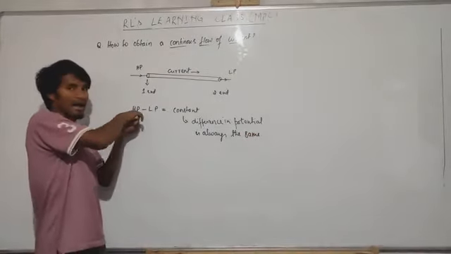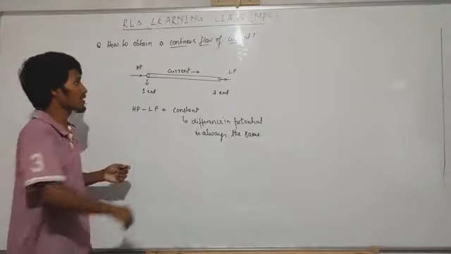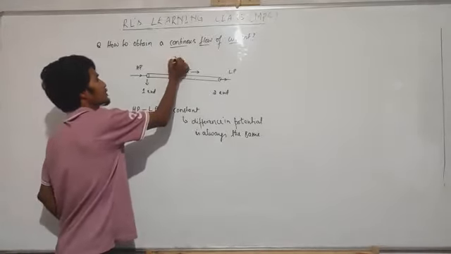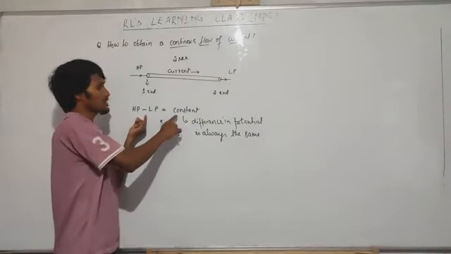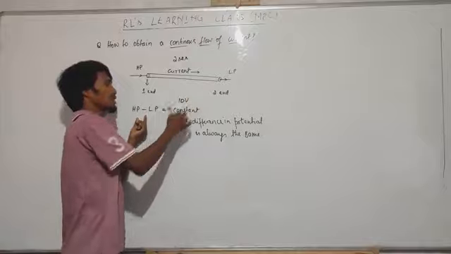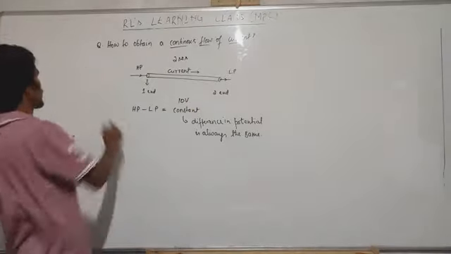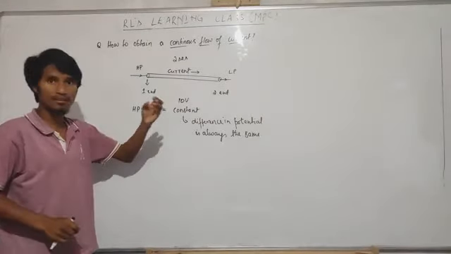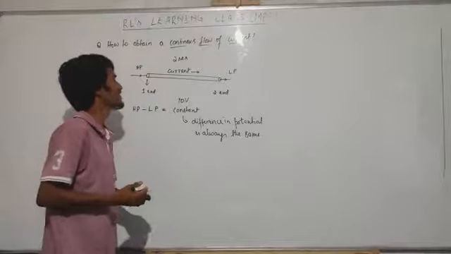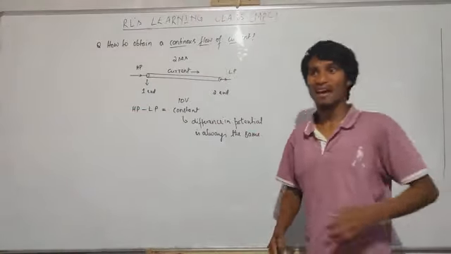Look, the potential at higher minus lower should always give a constant at every time. Let's say in the first 2 seconds the difference between the potentials is 10 volts. Then after the next 2 seconds, the difference between the two potentials still remains 10 volts.